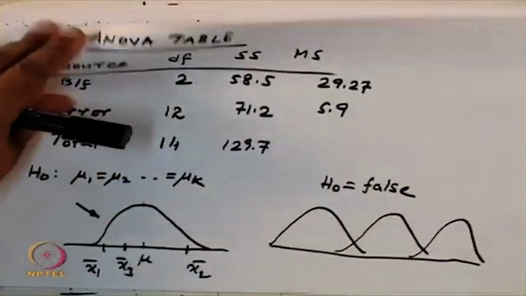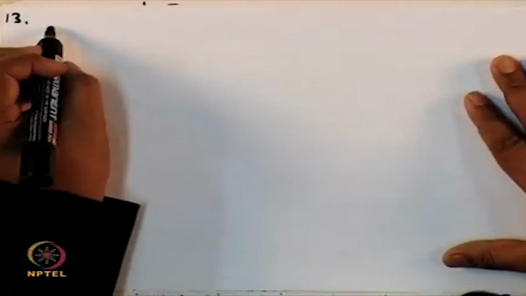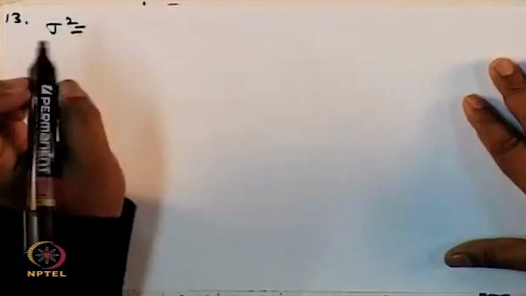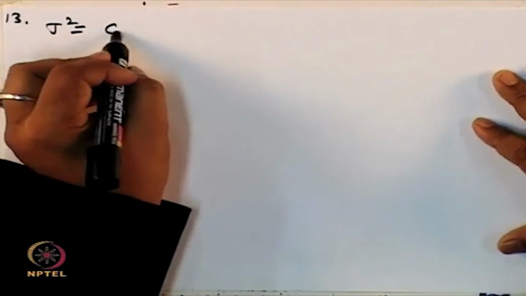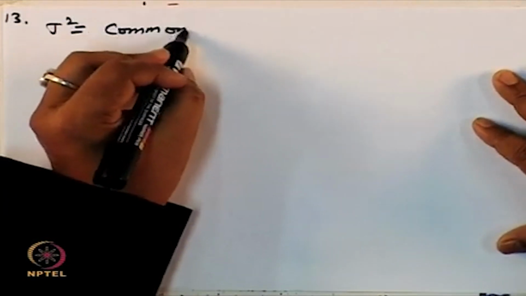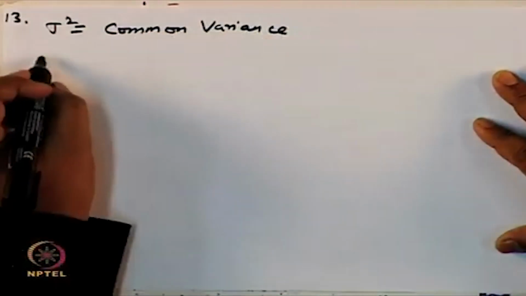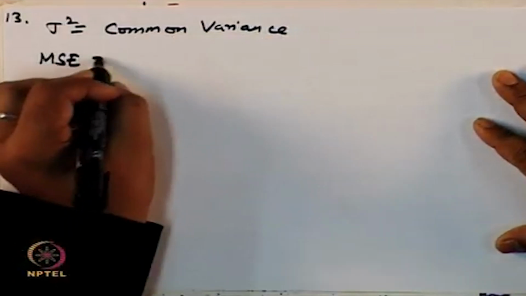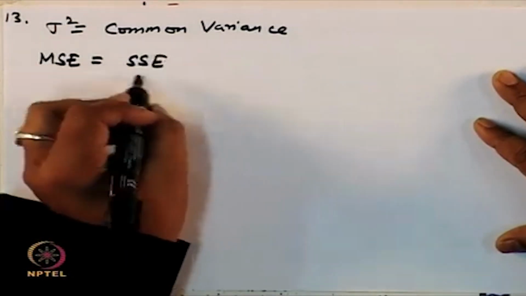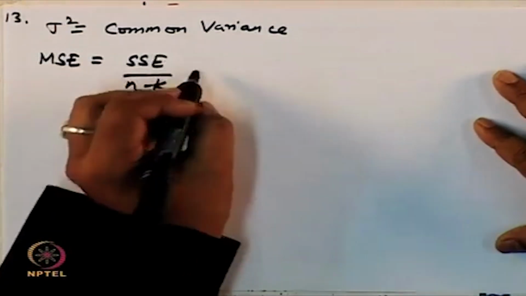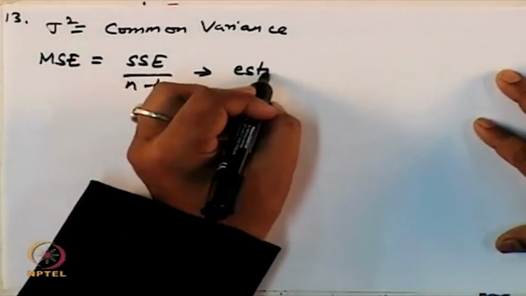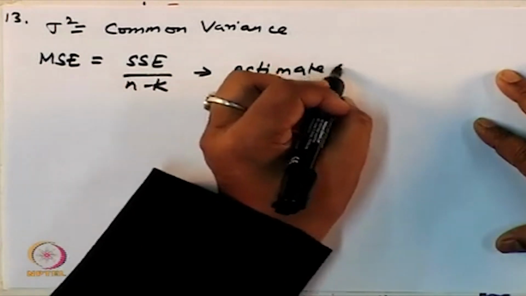Your assumption is that sigma square is the common variance for all k. So, your MSE, which is given by SSE by n minus k, is an estimate of sigma square.